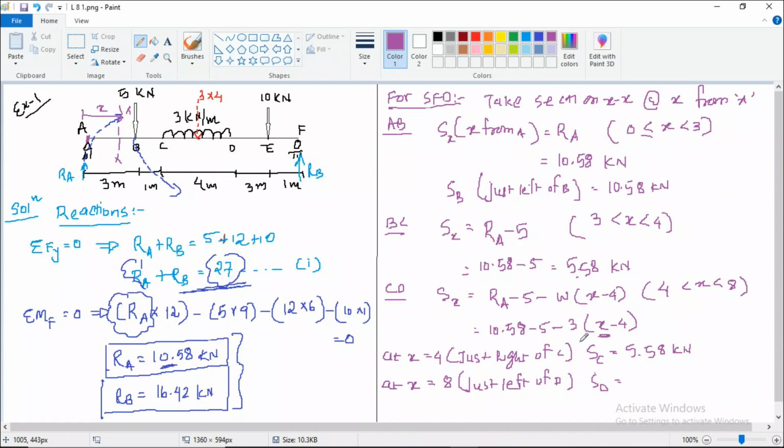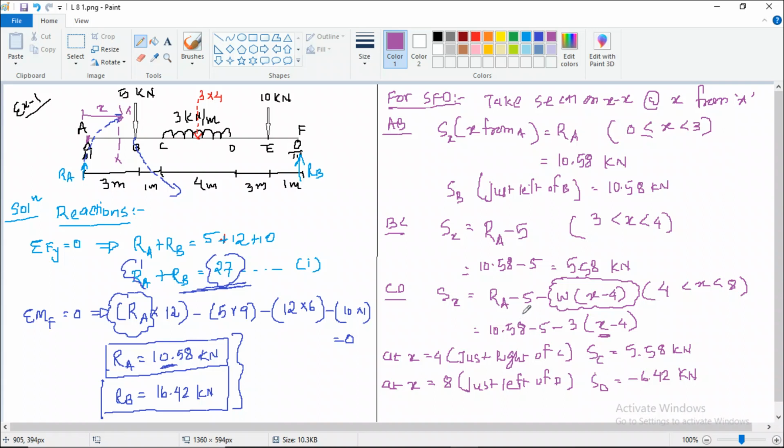If you do the summation, you will get the value around minus 6.42 kilonewton. So here you need to remember this step for UDL. Every time we have a UDL, we do this type of step. So this will be for portion CD.